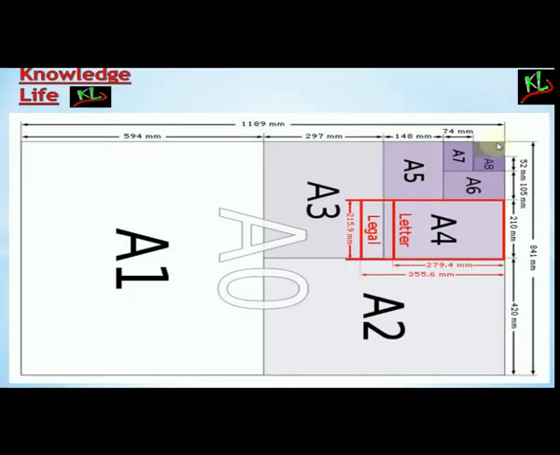On your screen, you can see the outermost rectangle is the A0 size paper, whose dimension is 1189 mm by 841 mm. These are all trim sizes. Actually, we don't need to be bothered about that because we'll be dealing with the trim size only. If you know the size of A0, you can calculate any one, because A1 is just half of A0.